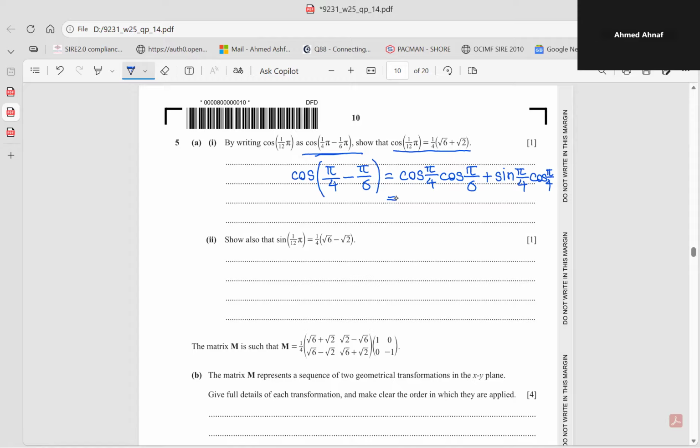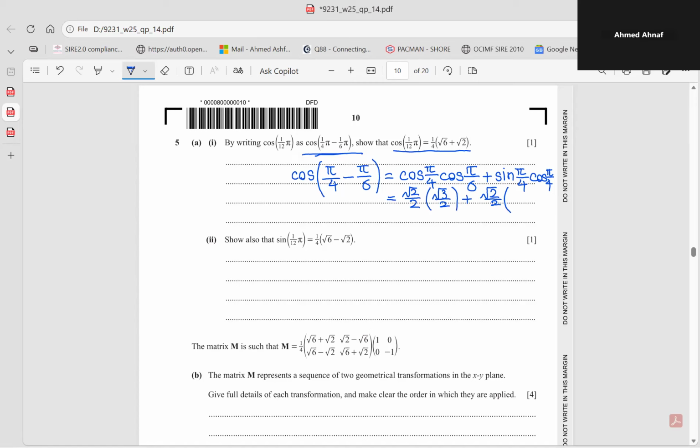So I think cosine pi over 4 is square root 2 over 2. Cosine pi over 6 is square root 3 over 2. And sine pi over 4 is square root 2 over 2.